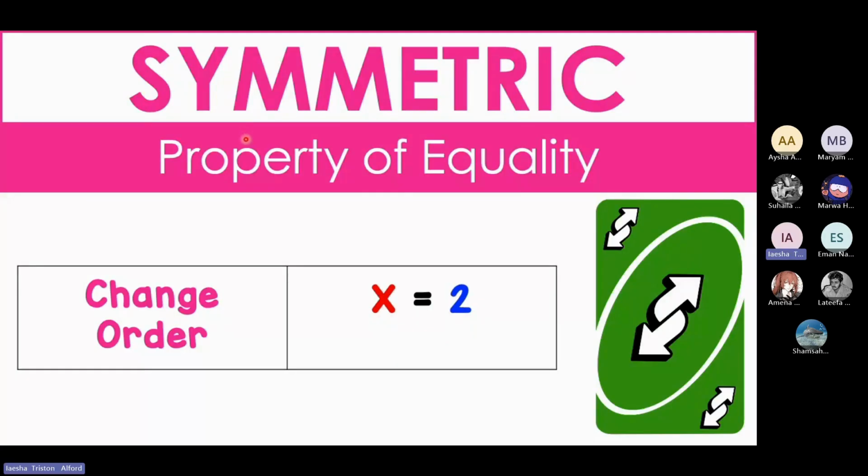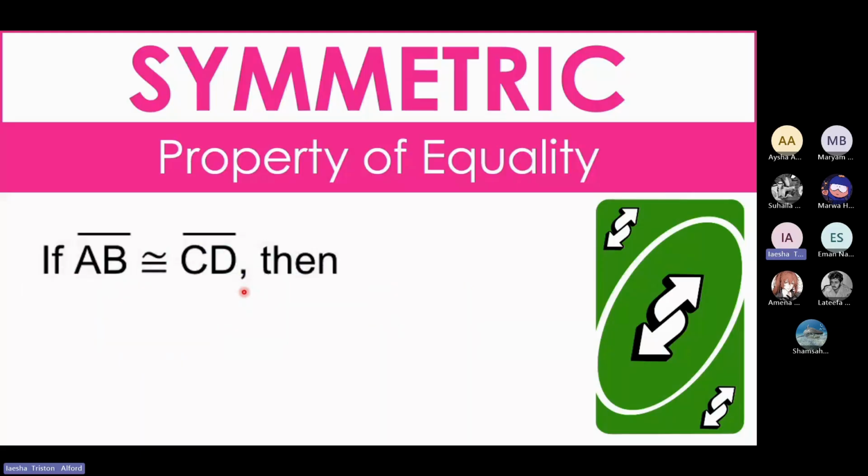So, example, if I tell you that x is equal to positive 2, what should be the symmetric? 2 is equal to x. Fine. If I tell you side AB is congruent to side CD, what is the symmetric?